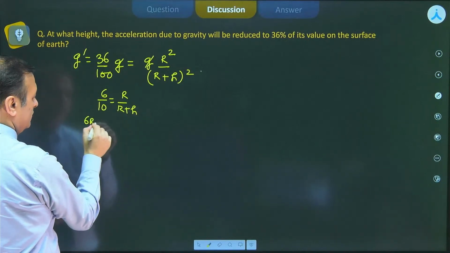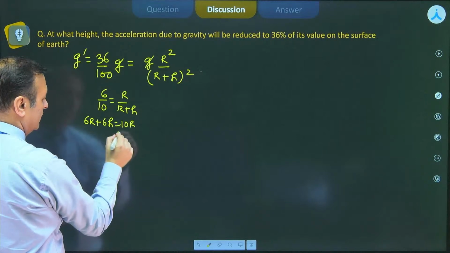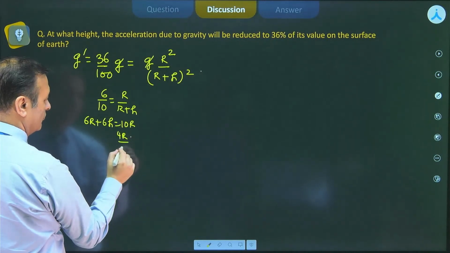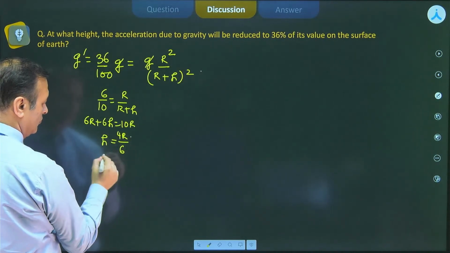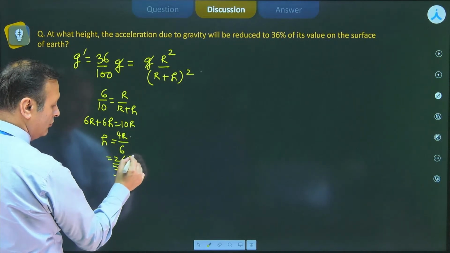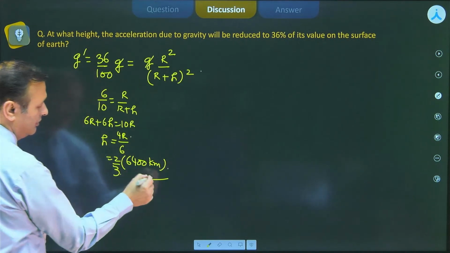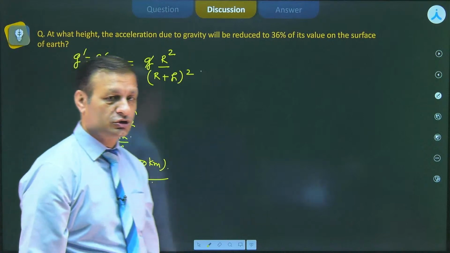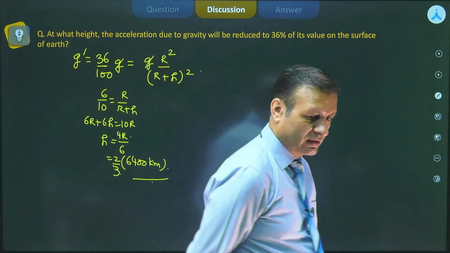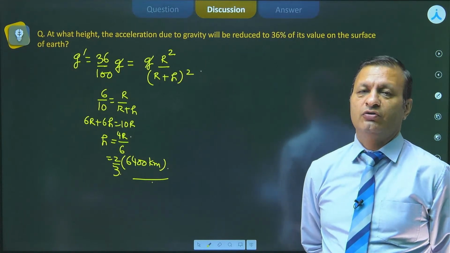So, 6r plus 6h, that gives me r, and we know radius of Earth is fixed as kilometers, or we can do it in meters also. Clear? Any doubt from this part?